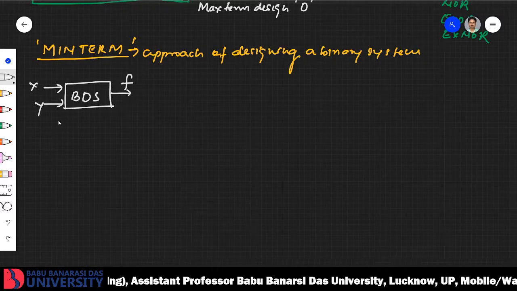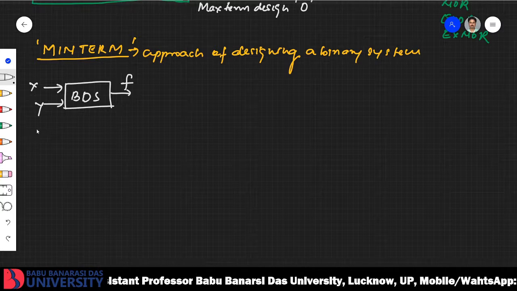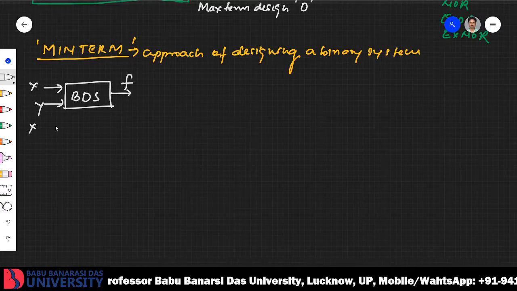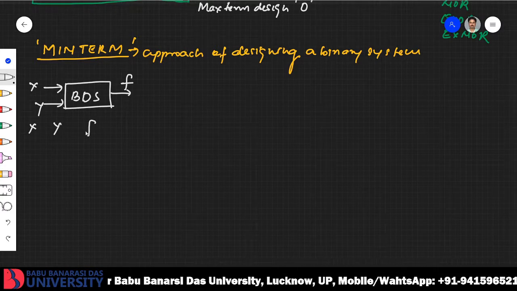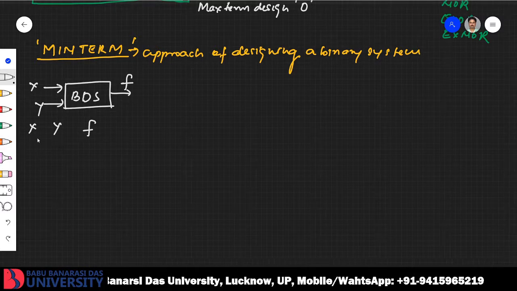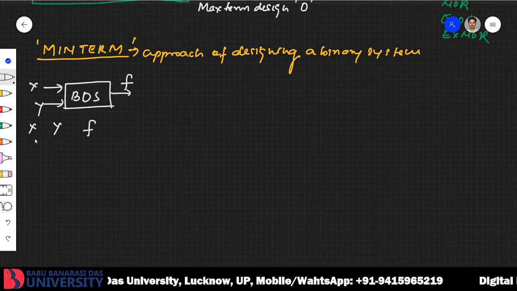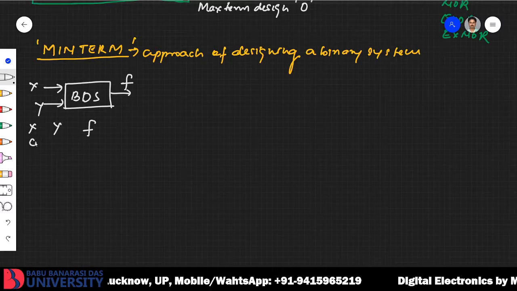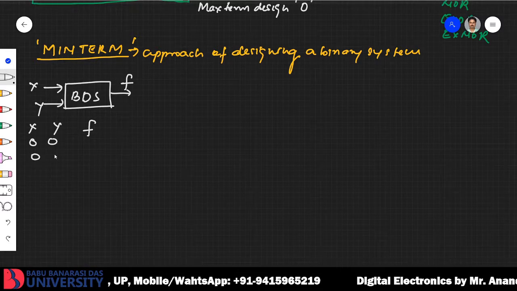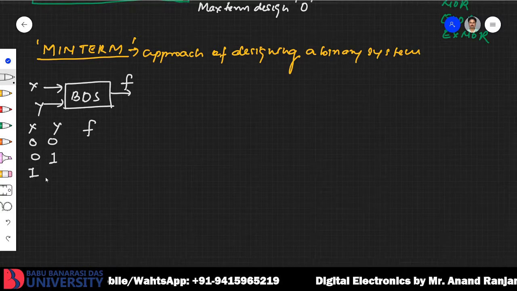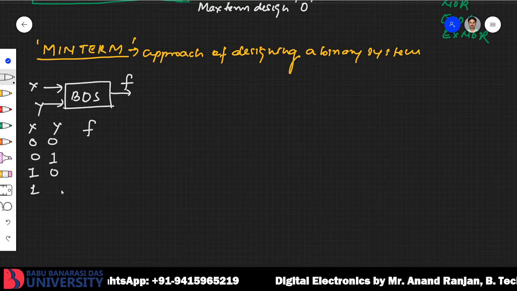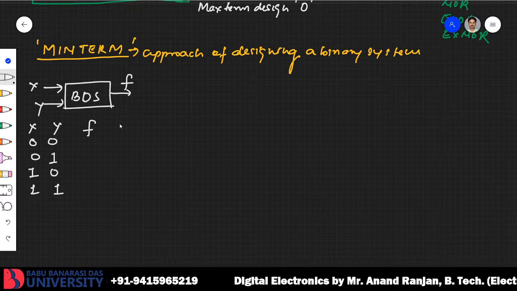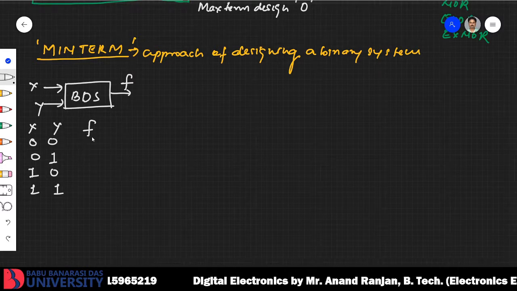And for this, let us draw one truth table: x, y, and f. For this variable input x and y, we have the combinations 0 0, 0 1, 1 0, 1 1. Let us consider the previous case, the even and odd problem.